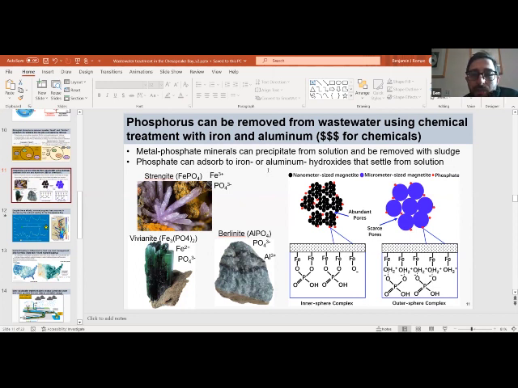So we're trying to explore if we treat a mine drainage source, are we going to release a bunch of bound phosphorus from sediment because we're removing that metal that it was previously attached to?